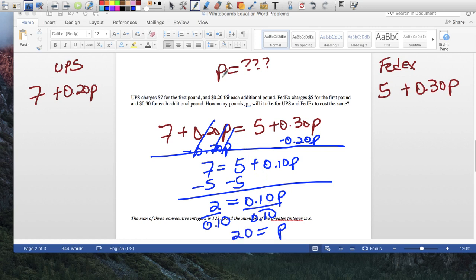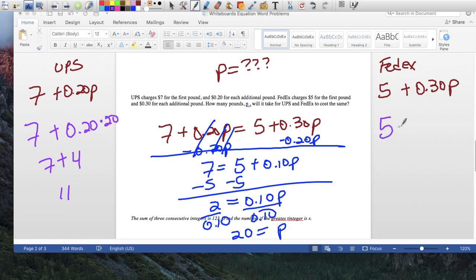So at 20 pounds, let's say you're going to send something with UPS that weighs 20 pounds. It's going to be $7 for the first pound, and then 0.20 times p, which is times 20. So 7 plus 20 times 0.2, which is just going to give us 4. So you will be paying 11.